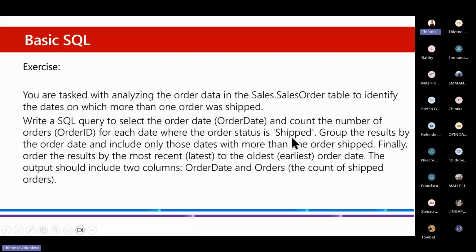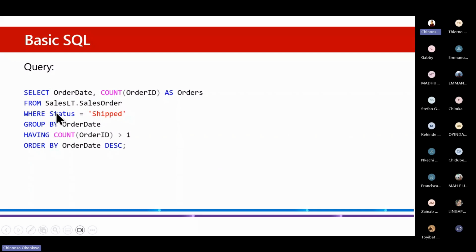The very first thing you do when you get SQL is familiarize yourself with your tables and your column names, because you would not know that for status shipped you have to use the status column unless you have seen it in that table. So you have to use a single quotation mark, where your status is equal to 'shipped'.